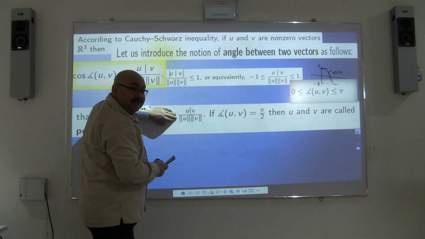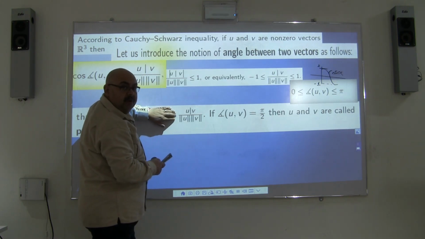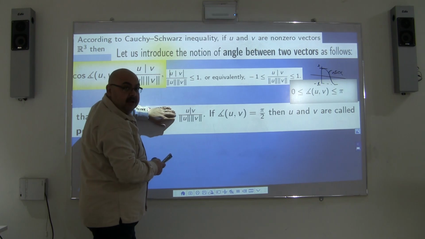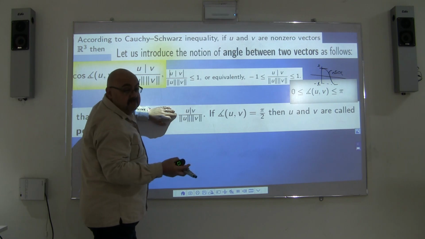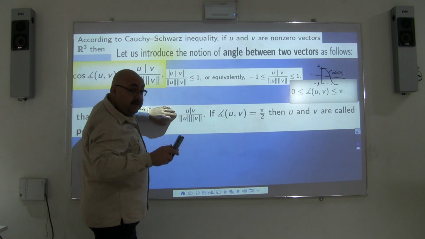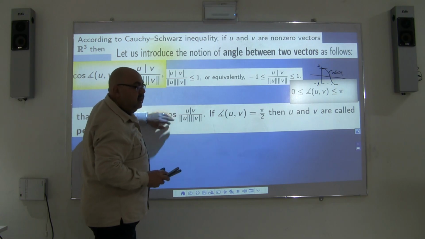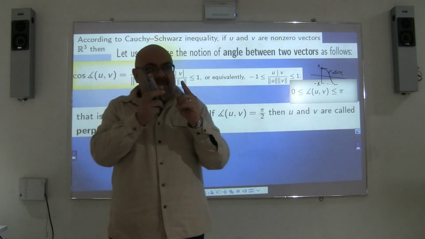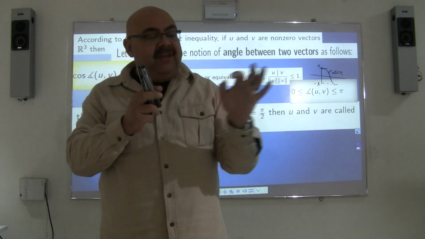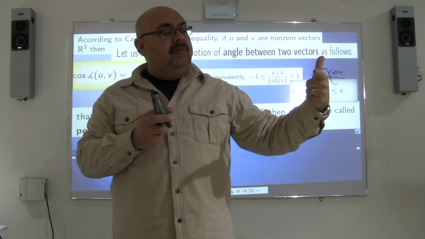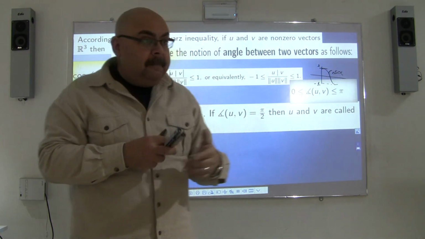Am I right? And this is acceptable, because in the previous lecture we also stated that if you have two vectors and you evaluate the inner product between them and the result is 0, it means these two vectors are perpendicular, okay?